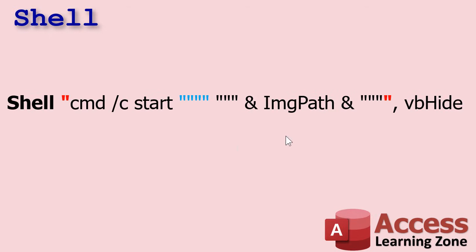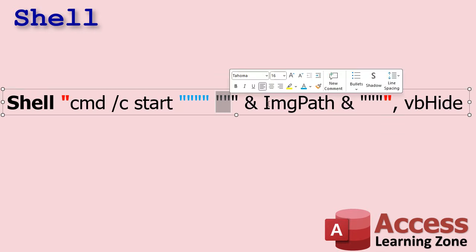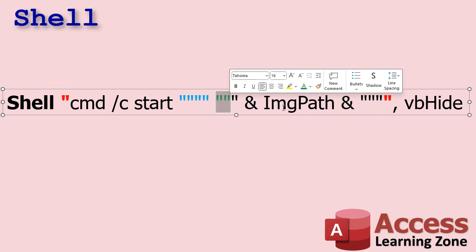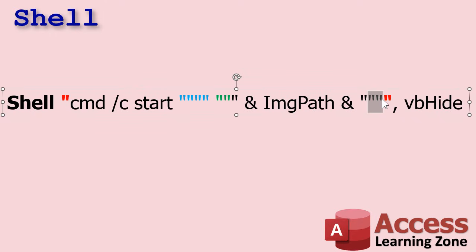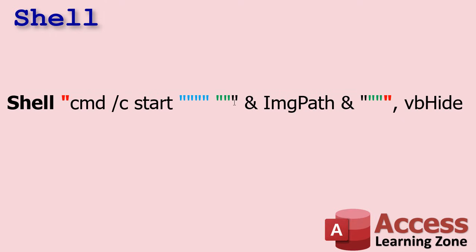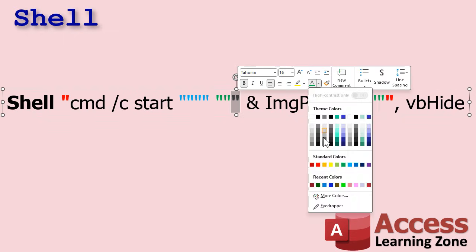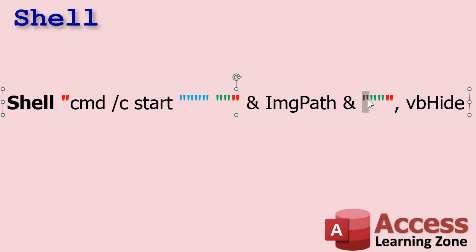Okay, now, image path. That's the name of the JPEG file. That also has to go inside of doubled quotes, right? So this right here is the double quotes. Let's make that green. That's the double quotes that starts this. And then this is the other set of double quotes like that. And these here are just opening and closing the string, just like the opening ones were. See, just like that. Same thing.